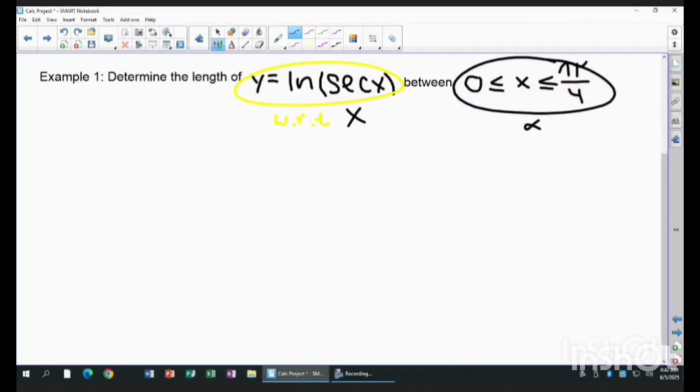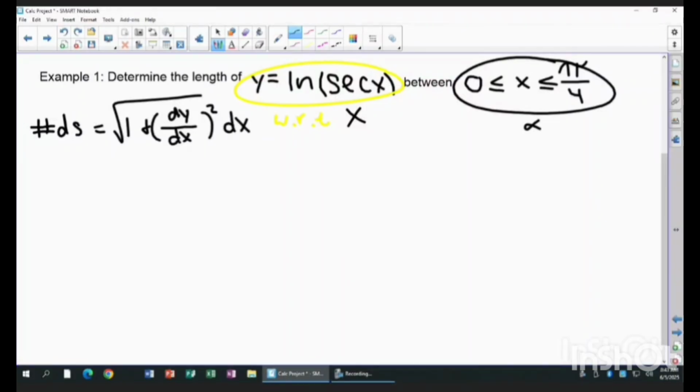You're going to use the first ds equation, which is, again, the square root of 1 plus (dy over dx) squared, dx. So first off, you want to find the derivative.